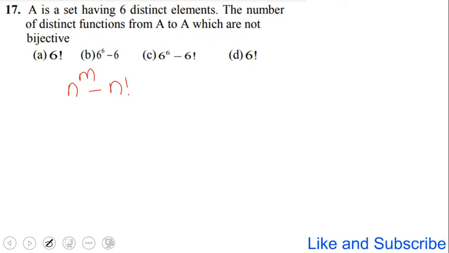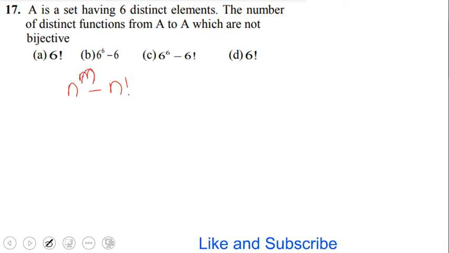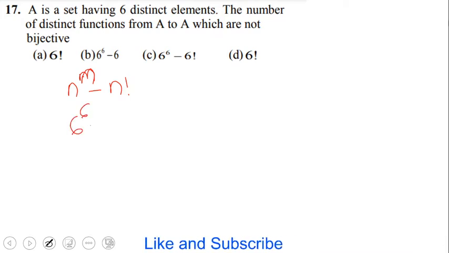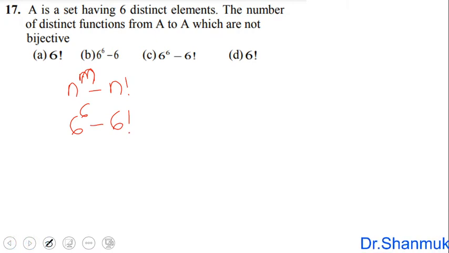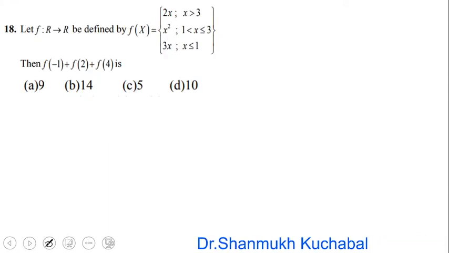So I can take this as 6 raised to 6 minus 6 factorial. So n is 6 here. So 6 raised to 6 minus 6 factorial. So clearly option C is the right answer. This is a standard formula you have to remember here.